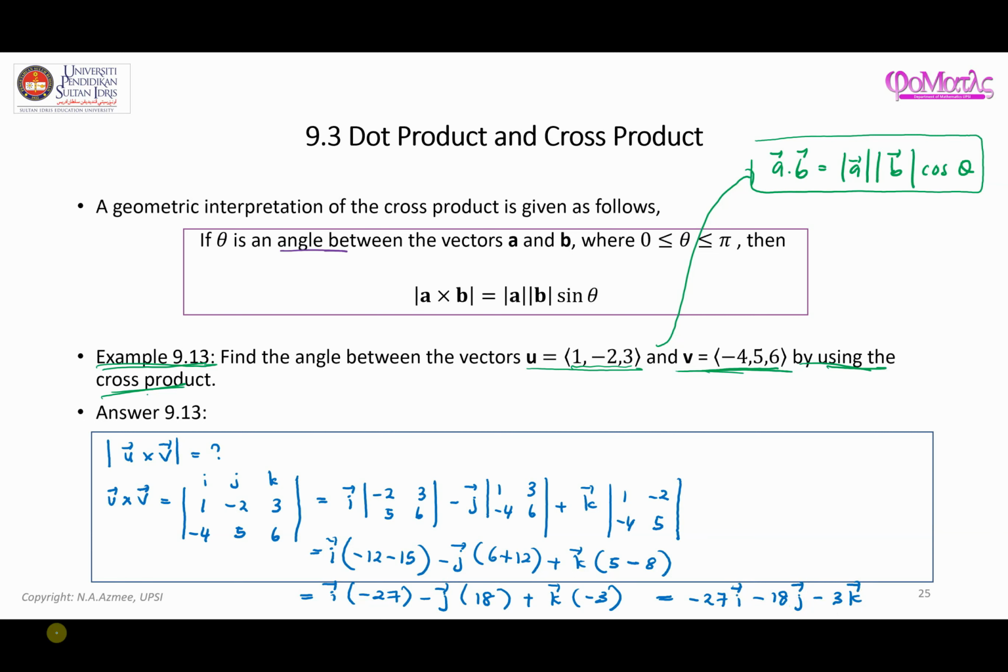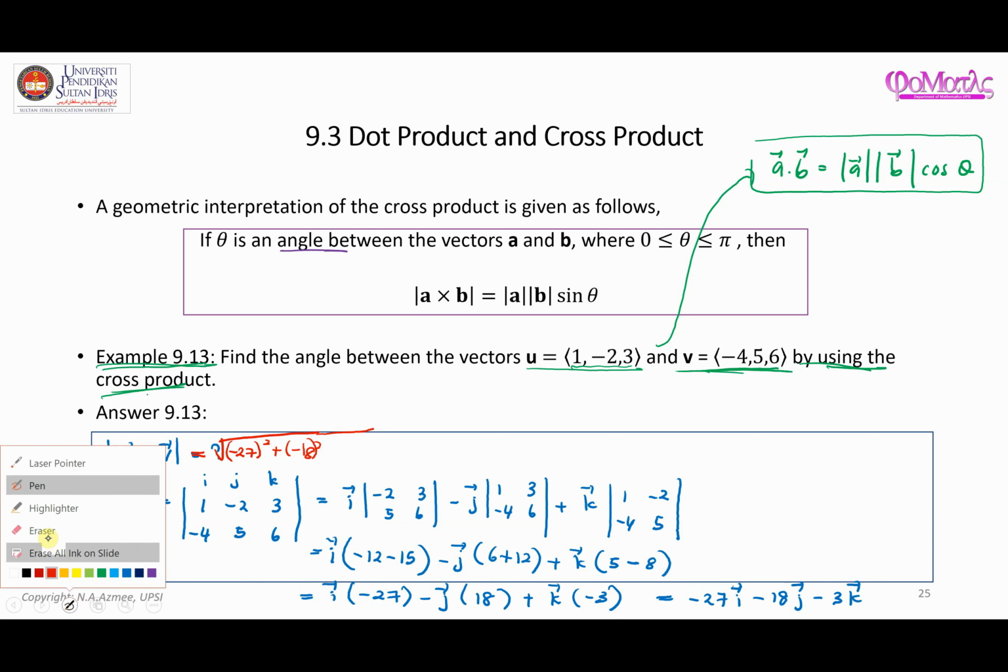Right, next, based on that, you can find what is the magnitude of this vector. So the magnitude here is just going to be taking the square root of -27 squared plus -18 squared. Let me just write it properly.